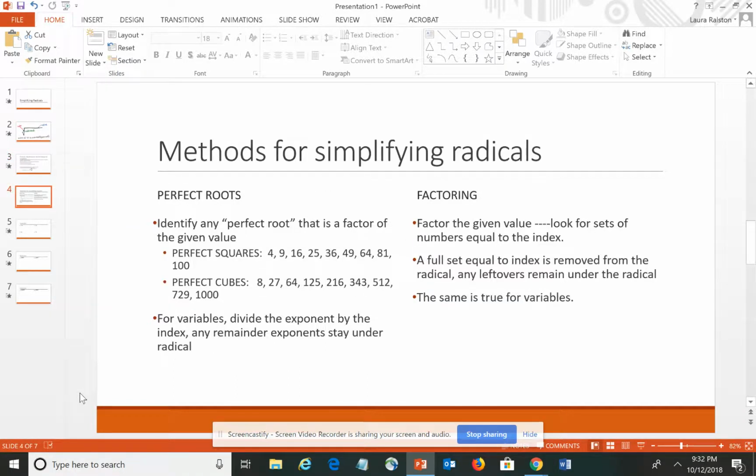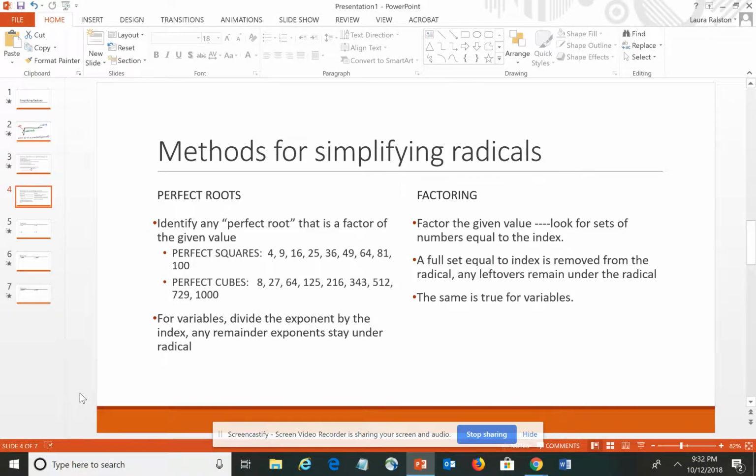There are various methods for simplifying radicals. One is to use perfect roots, but this requires that you're familiar with perfect roots like the perfect squares, 4, 9, 16, 25, and so forth, or with perfect cubes like 8, 27, 64, and so forth.